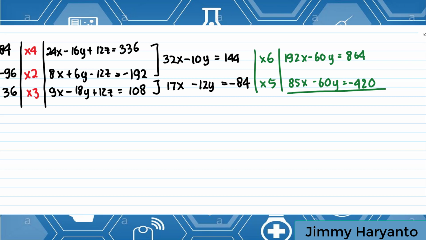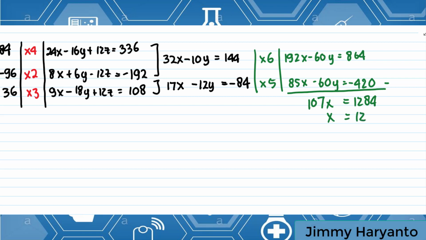And then minus it, the result will be 107x equals 864 plus 420, 1284, and x will be 1284 divided by 107, 12.